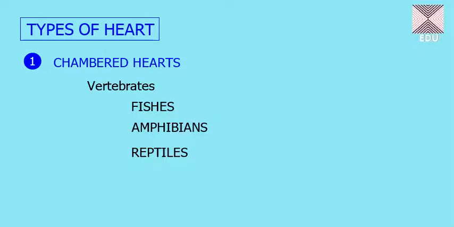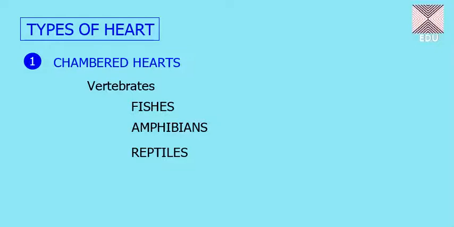Reptiles are fully terrestrial animals living on land, and the forms of the reptiles are varied. They can be of very small sizes and they can attain a very long length, as we have seen in the crocodiles.